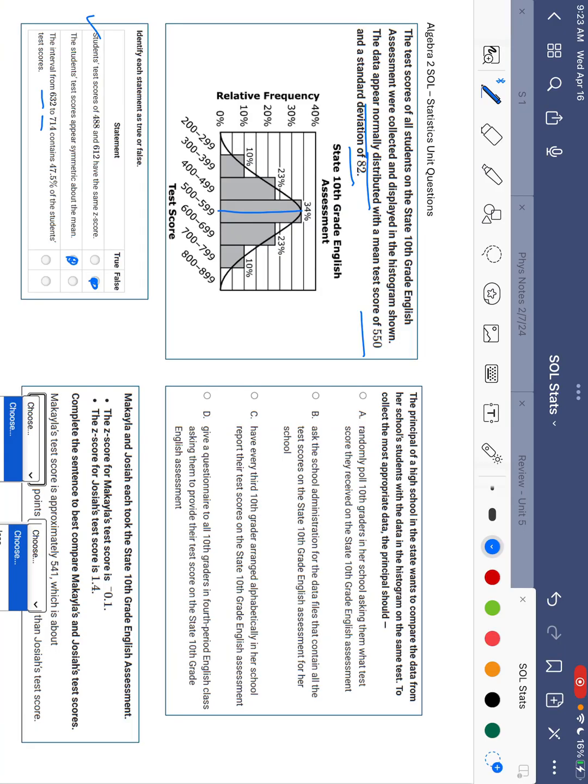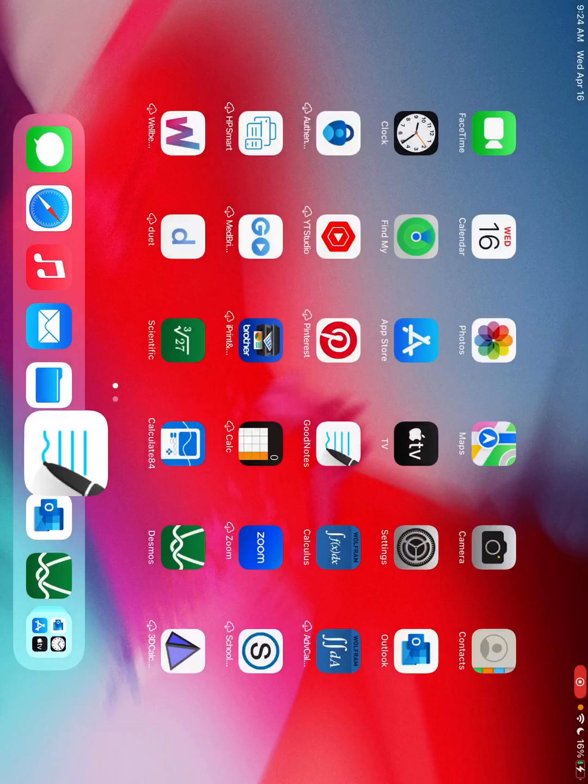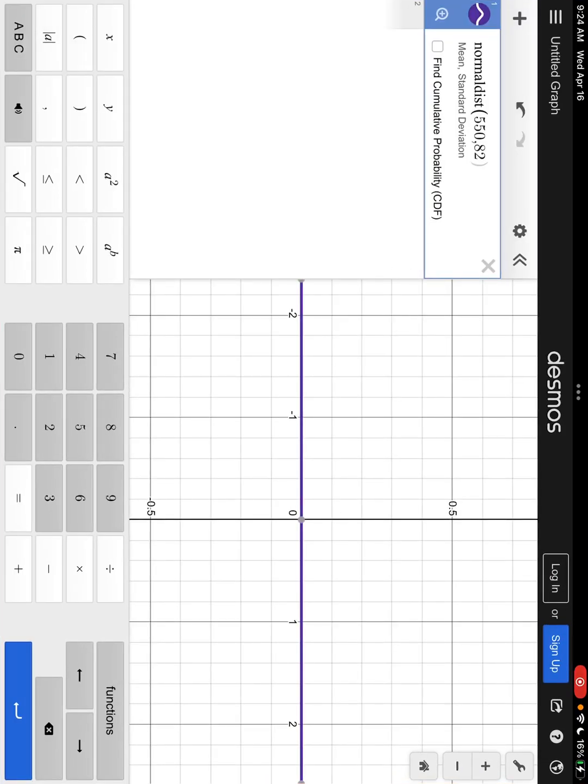They want me to check 632 to 714. And look, 632 to 714 is 13.6%. So 0.136, I guess.